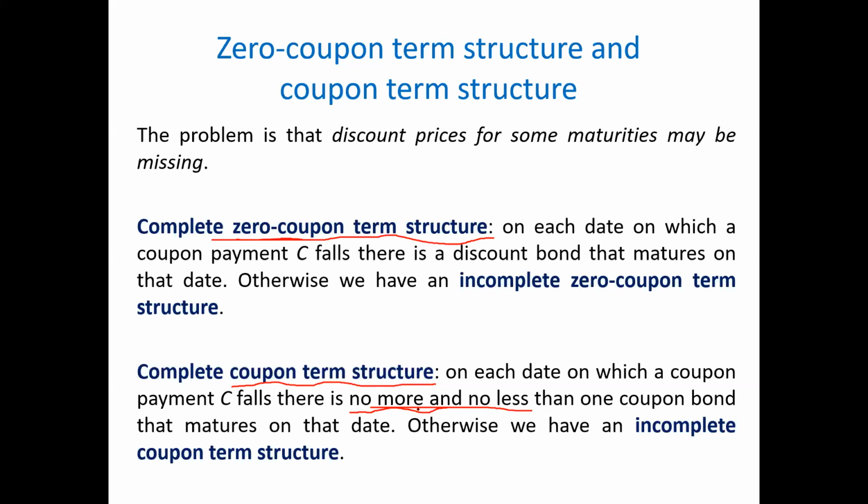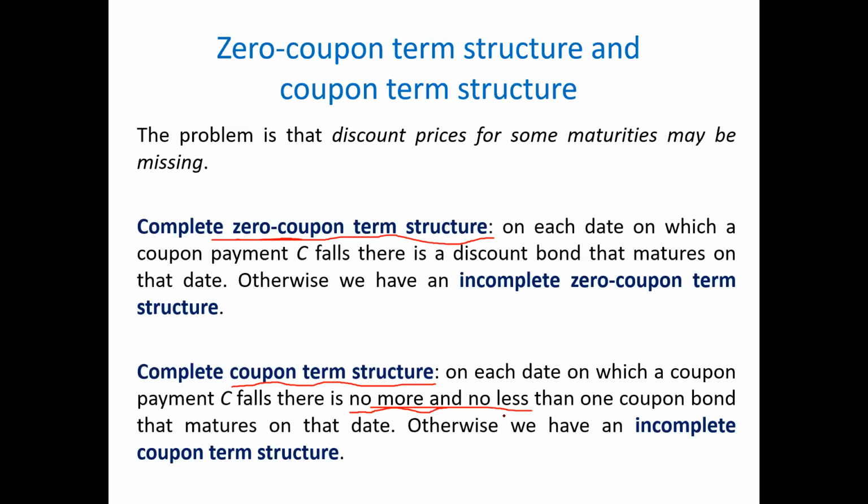If less than one, meaning zero, then we have a gap in the term structure. So in this case, we have an incomplete coupon term structure. But if we have more than one coupon bond that matures on that date, then there will be another problem, a big issue actually. But we will talk about this when we discuss the theoretical foundations of arbitrage, and that will not be today. That will be, I guess, the next lecture.